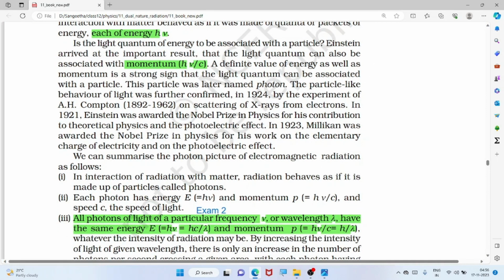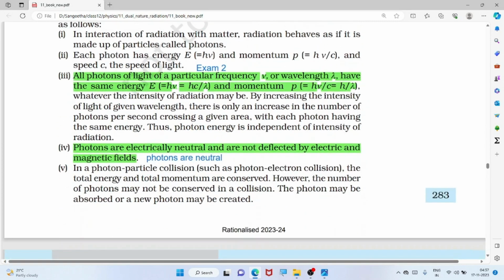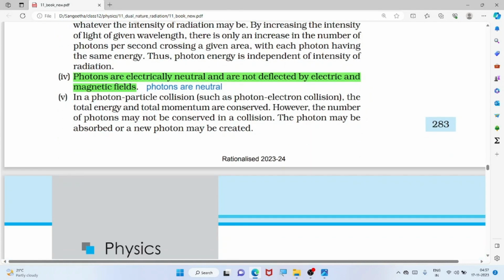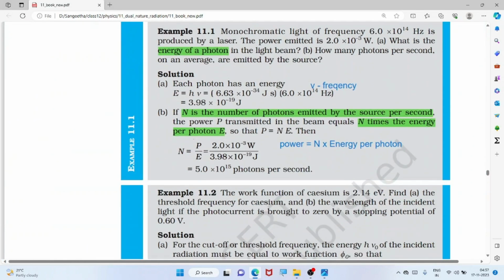For a photon of energy, there is momentum. These photons are electrically neutral, not affected by electric and magnetic fields.